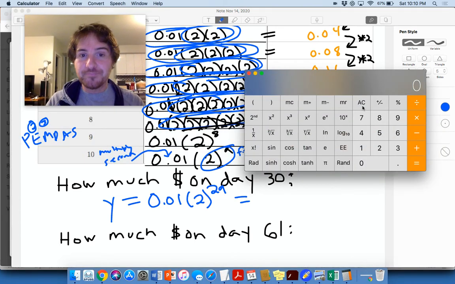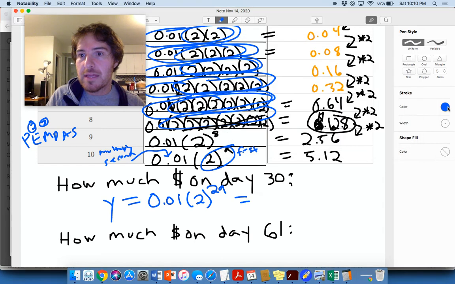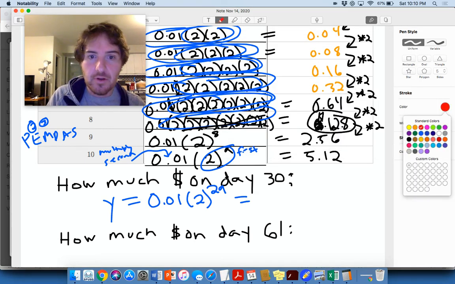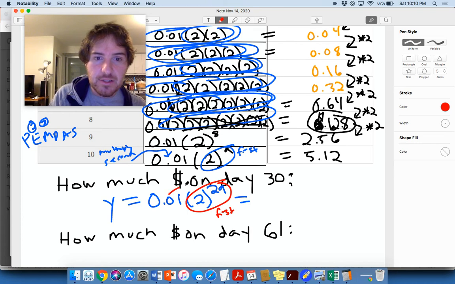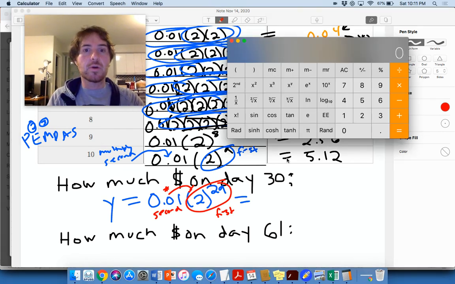So remember, I have to do the exponent part first, and then multiply second. So I'm going to do 2 to the 29th power, and that's this big old number right here.